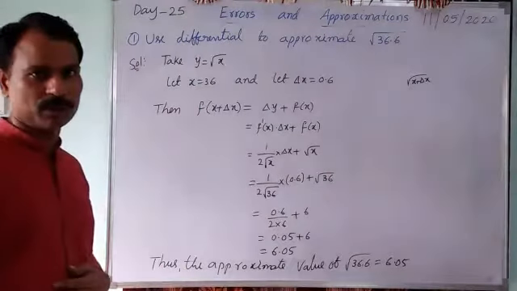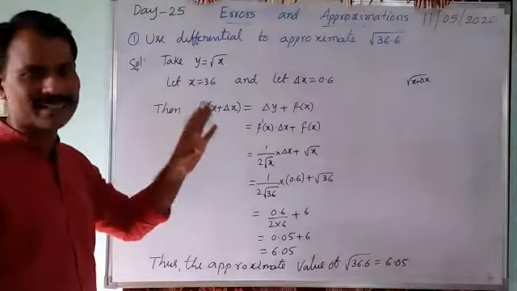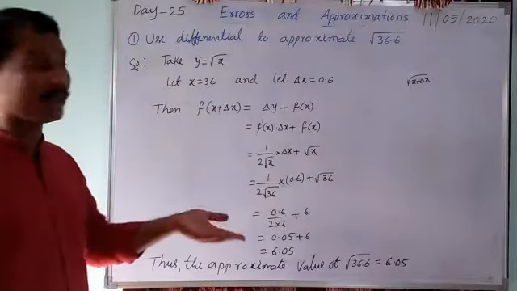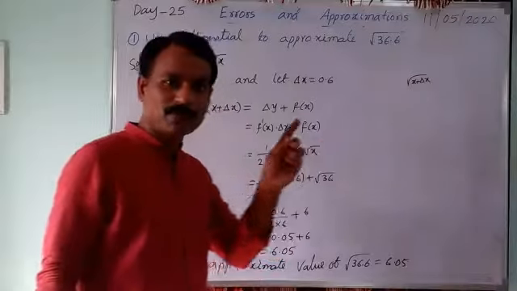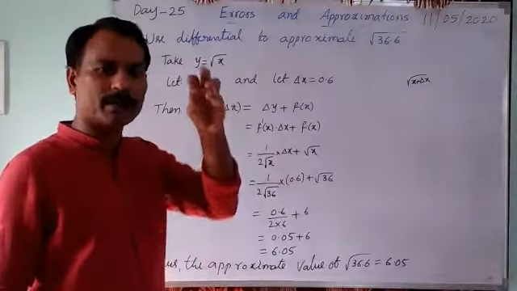Students will get a doubt: sir, why should we take 36 as x? It can change, because if you have a square root, you should take a perfect square.